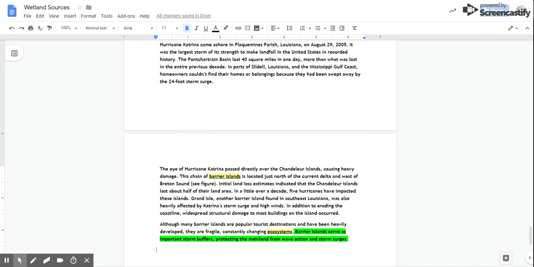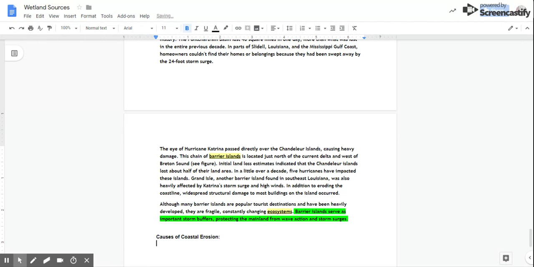So let's go through our causes real quick. Recap causes of coastal erosion. Let's go through it. First cause we got, let's just go with saltwater intrusion. Another major cause we have is human activity.